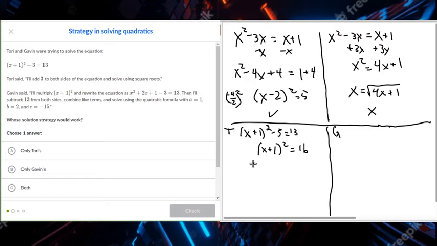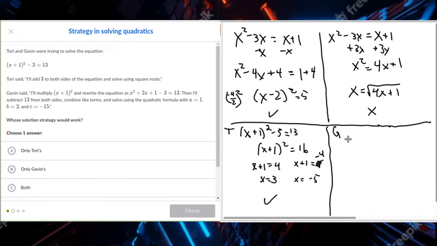Take the square root. x plus 1 is equal to 4, or x plus 1 is equal to negative 4. So x is equal to 3, or x is equal to negative 5. So x is equal to 3 or negative 5. So this one looks like it gives a good answer.